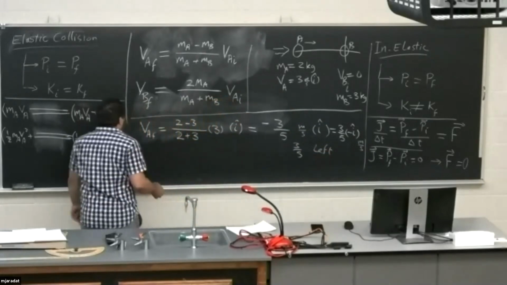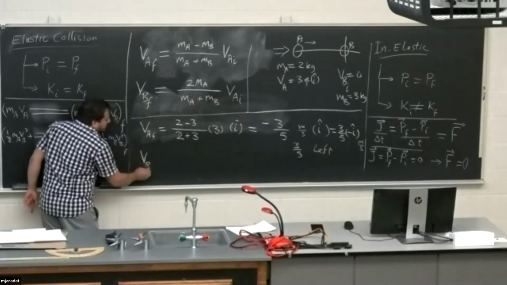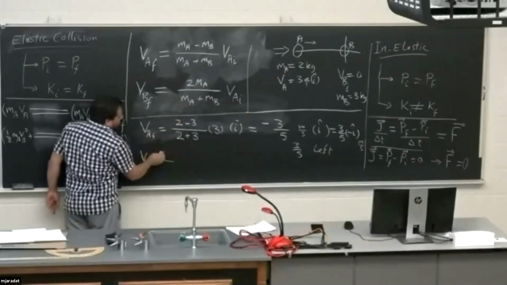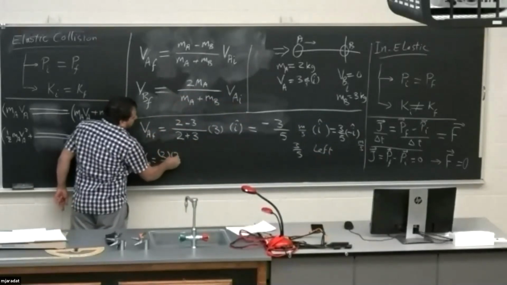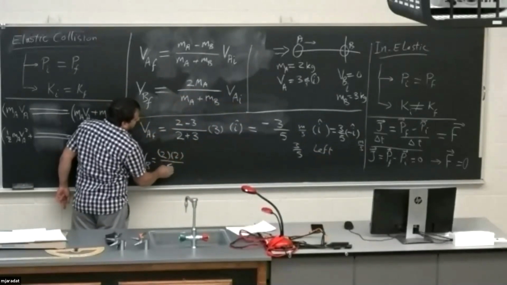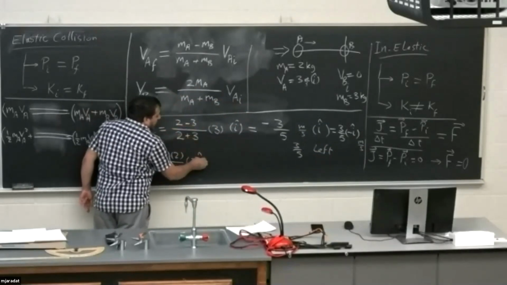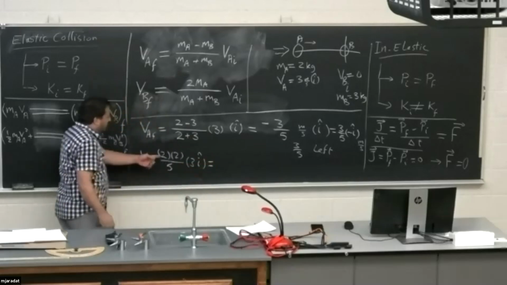What about the velocity of B? It is 2 multiplied by the mass of A, which is 2, over 5 again, multiplied by the velocity of A, which is 3. In this case it is positive, as you see.